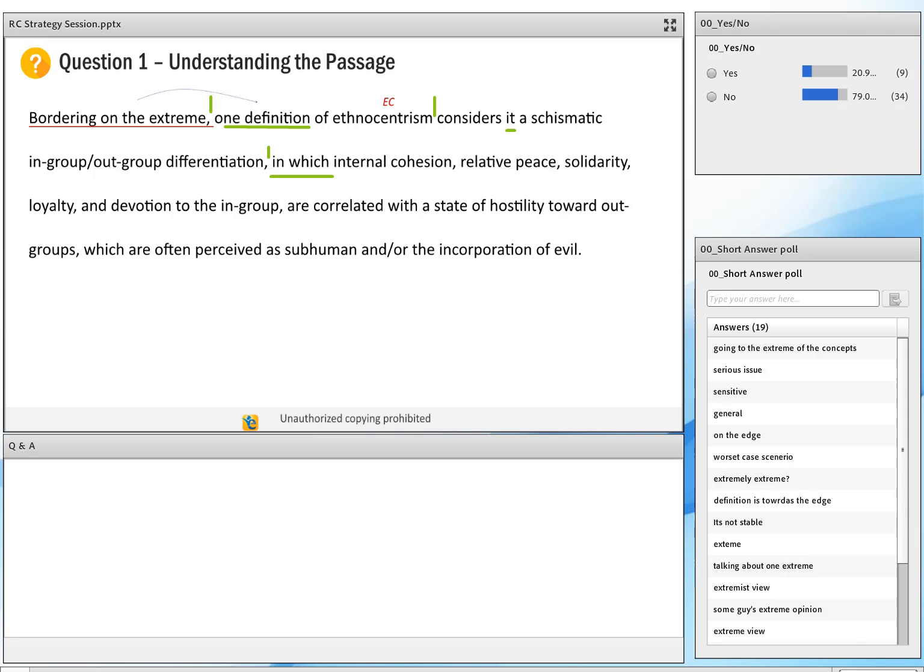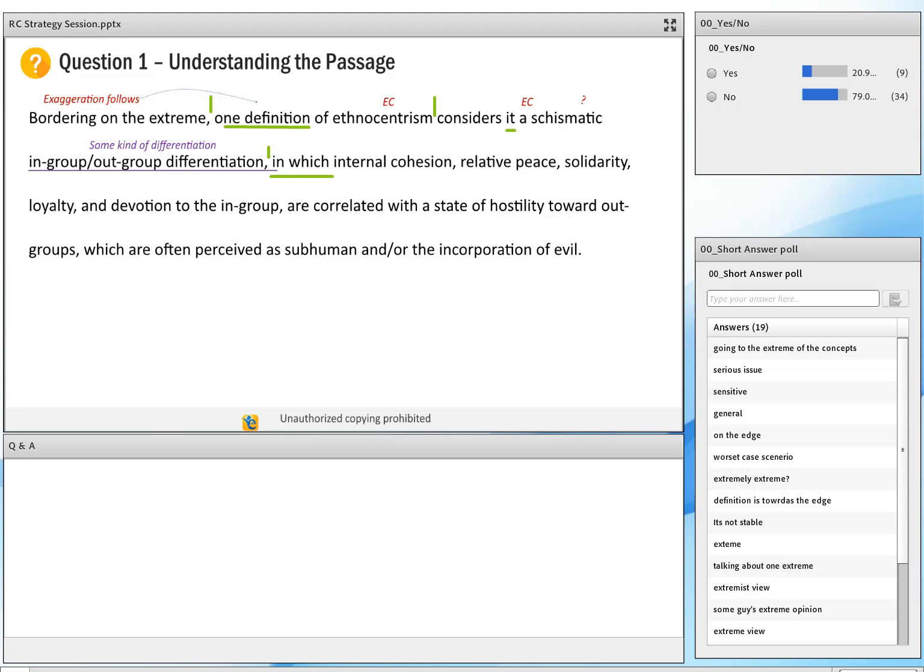Now, do I know the meaning of schematic? No. Do I need to worry about it? No, because all I can say is, okay, this definition considers EC some kind of in-group, out-group differentiation. Now, what do I mean by in-group, out-group differentiation? Really, some kind of differentiation between people inside the group and people outside the group. That's all. So this part is fairly straightforward.